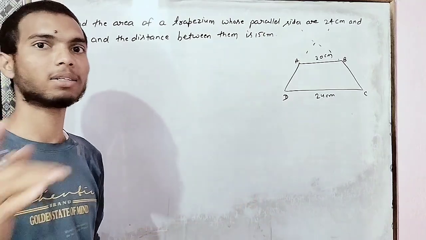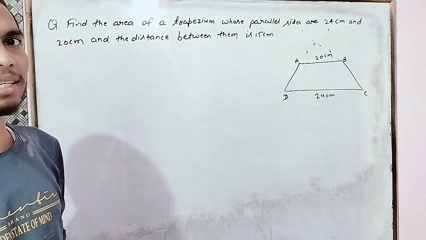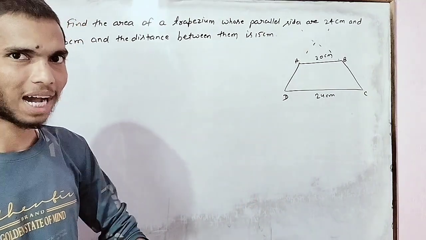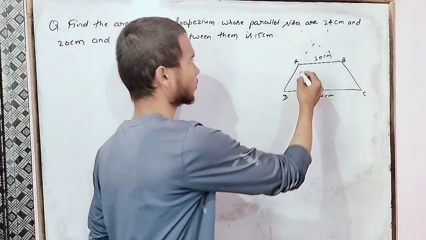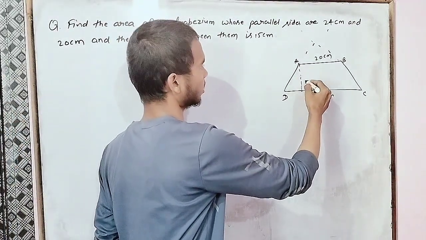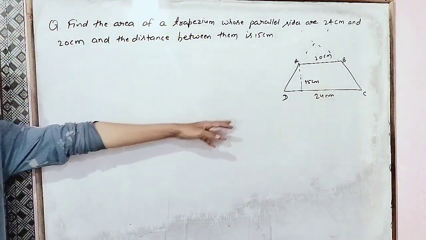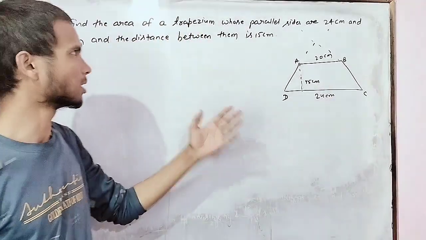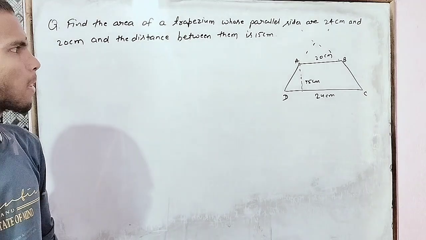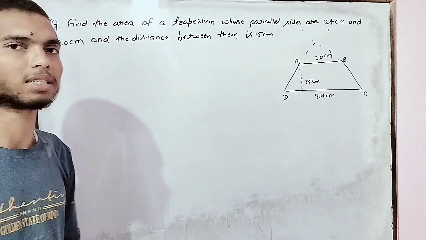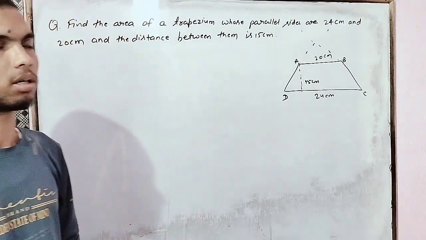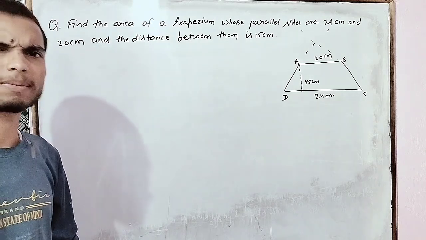Rather than saying distance, we can say height, because this is also a height. So it is 15 centimeter. Otherwise we can say breadth, or height.